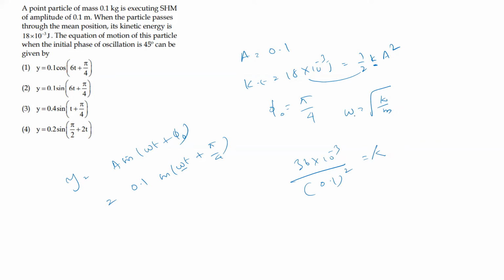You will get omega, around 6. Then y is equal to 0.1 sine 6t plus pi by 4. Clear?